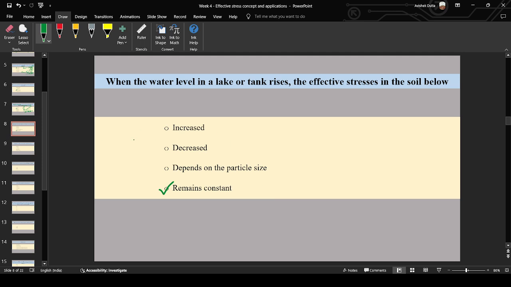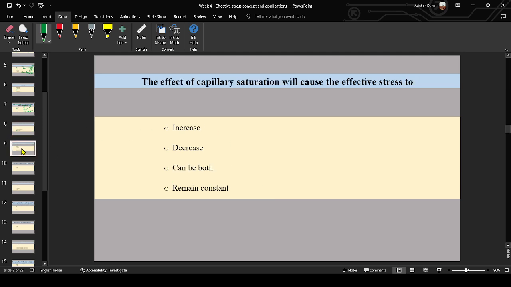Next question. The effect of capillary saturation will cause the effective stress to change. Now, generally we know that total pressure equals effective pressure plus pore pressure.